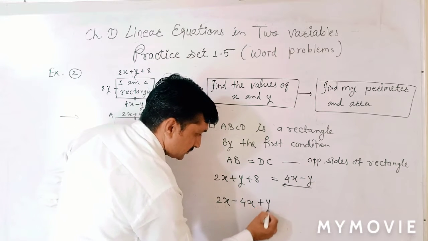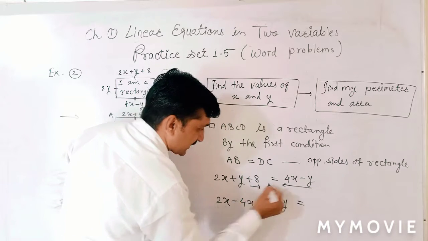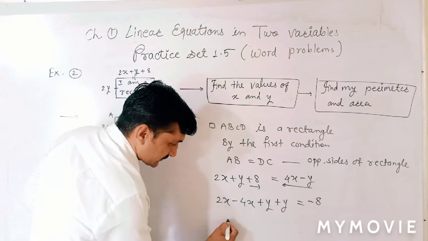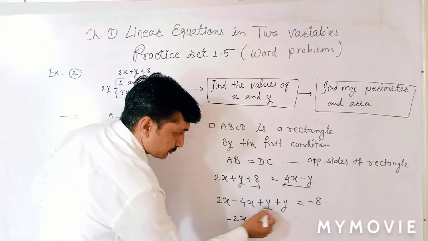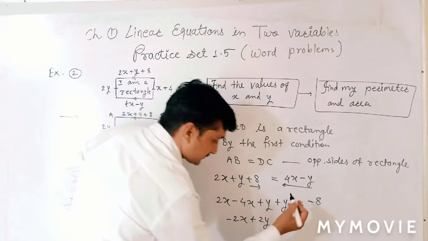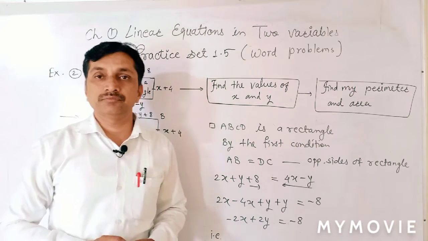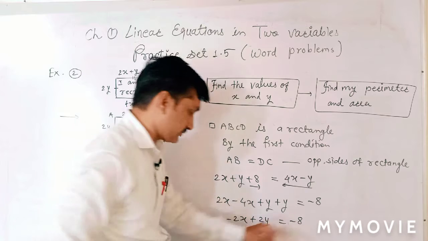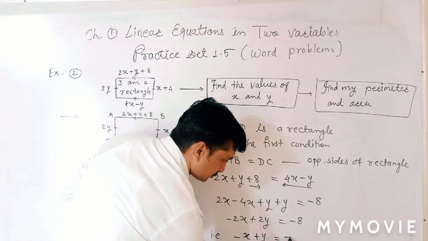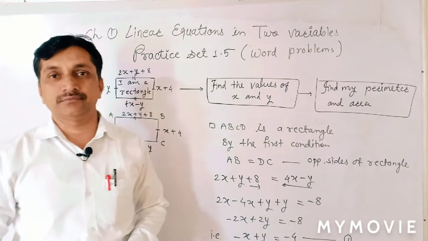Plus y, bring that minus y also here, is equal to, and send this plus 8 there, minus 8. Now solve this. 2x minus 4x is minus 2x, plus y plus y is 2y, equals minus 8. We can write this equation in simple form by dividing by 2. Dividing by 2, we get minus x plus y is equal to minus 4. This is equation number 1.